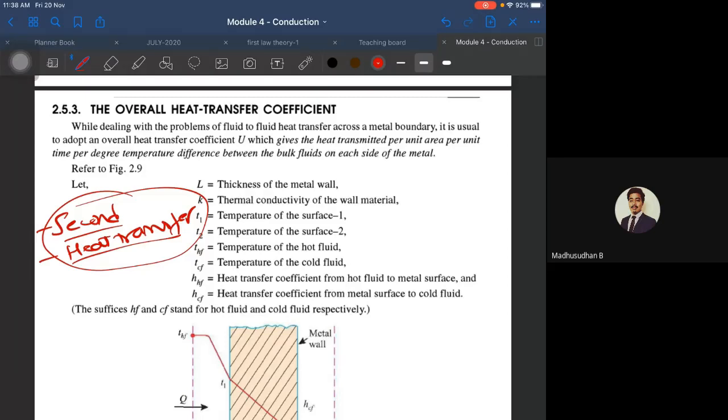Out of all, Lakshmi Narayan, Chandrasekhar, and Domkundwar, all those textbooks are good. A few of the textbooks are good for heat transfer, and a few are good for the thermodynamic part. Balasubramaniam is good for the applied thermodynamics part.